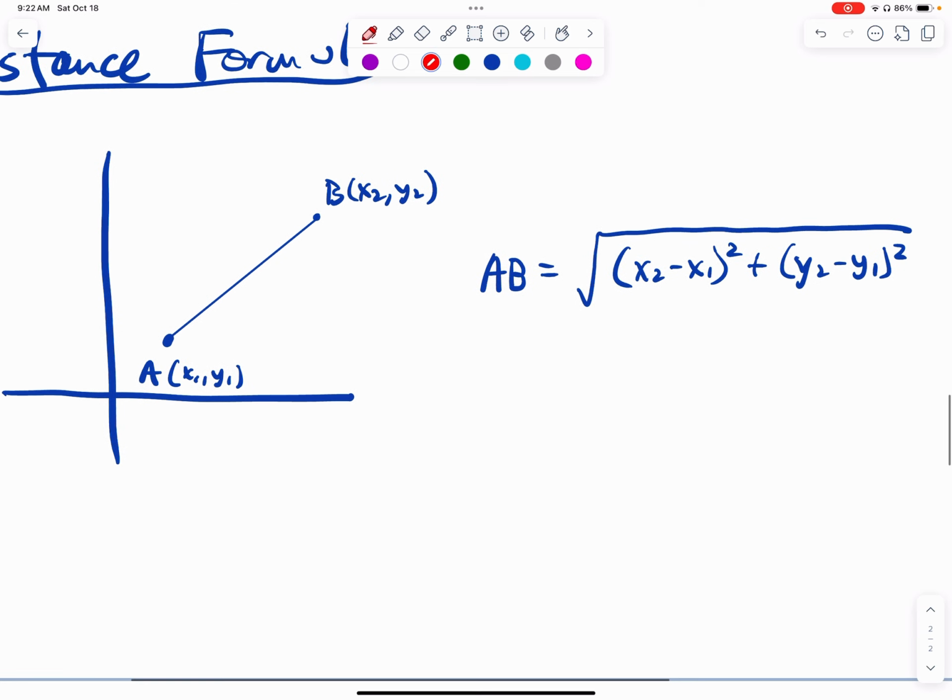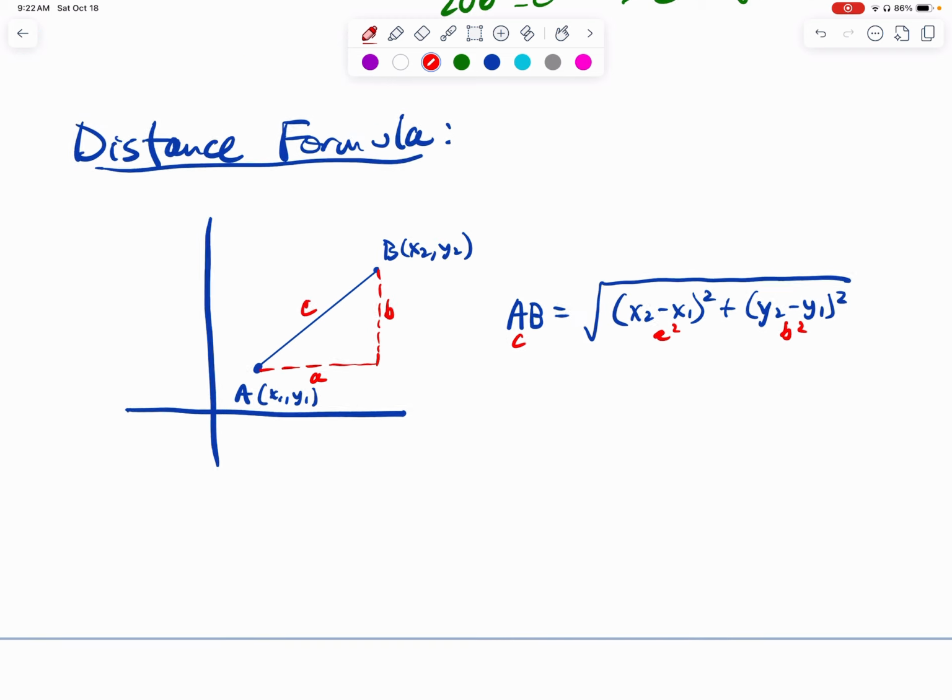The reason this is basically still the Pythagorean theorem: if I drop this segment straight down and come straight across here, this is like our A being squared, and this is like our B being squared, and then you have your hypotenuse C, and you've taken the square root of that to get the length of the hypotenuse, right?